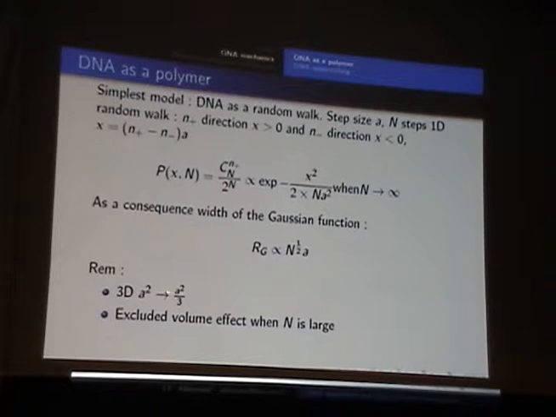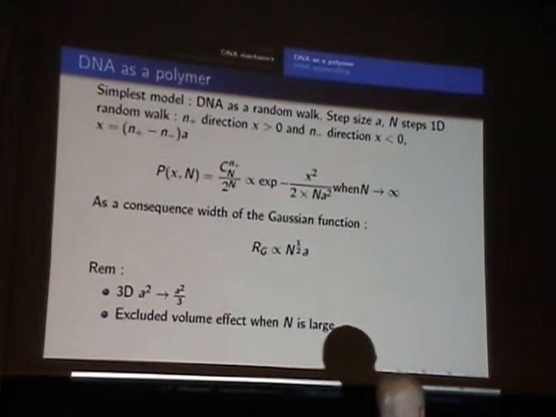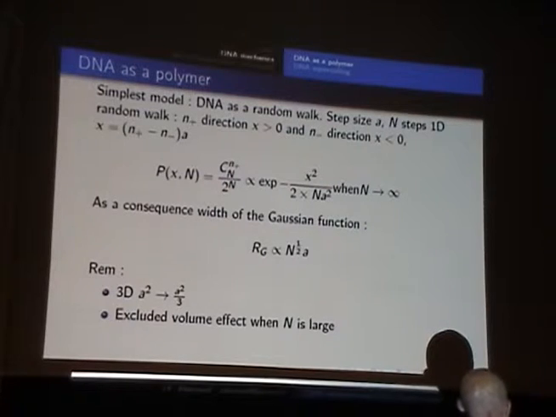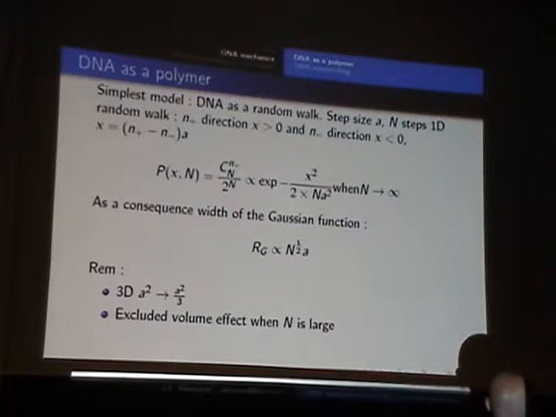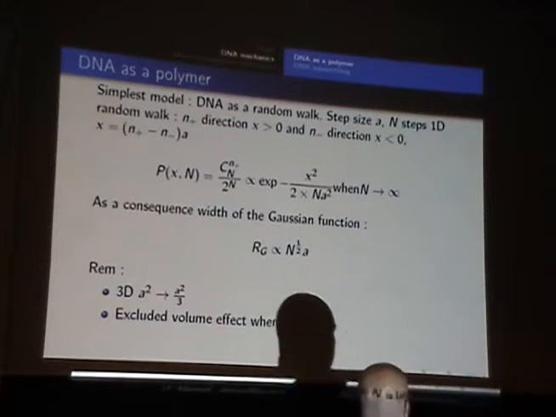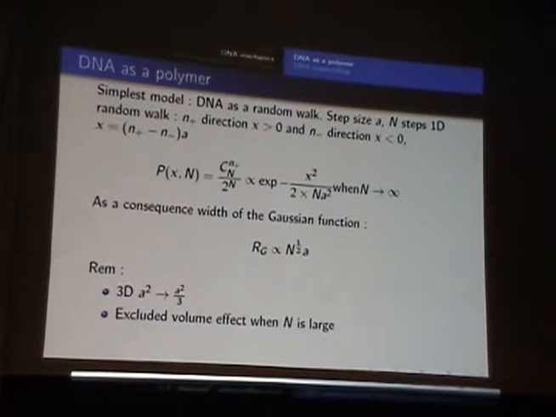You get almost the same thing if you replace a squared by a squared divided by 3, because you have a relation, the mean of a squared is equal to a squared if you are in 3 dimensions, and as all the directions are equal, this is why you have this factor of 1/3 here.